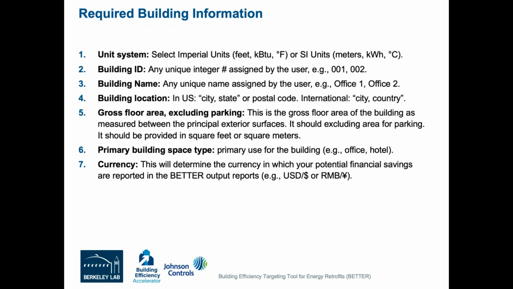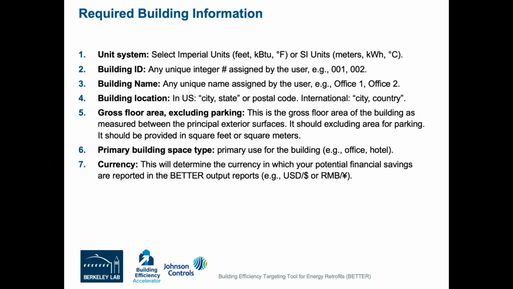For every building that you analyze using Better, we need an ID number, simply an integer number that you assign. So 001, 002, for example. We also need building name, which can be any unique name assigned by the user. We don't need to know the true name of the building. You can give us proxy names, Office 1, Office 2.